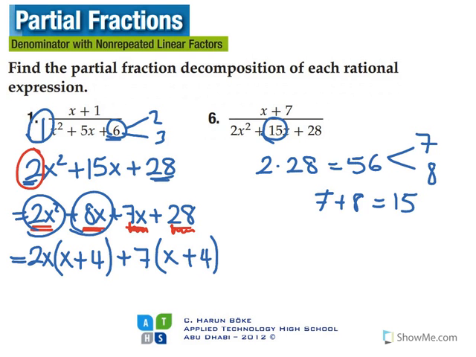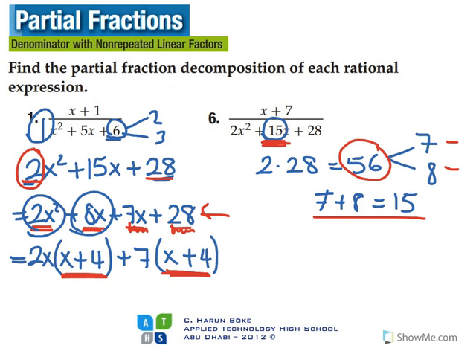Now the idea is this: if you're factorizing a quadratic where the coefficient of x squared is different from 1, first you should multiply these two to find the number that you have to factorize, then check the factors to see if they sum up to the number in the middle, and then write the terms so that you can take common parentheses, in which you should get the same factor.